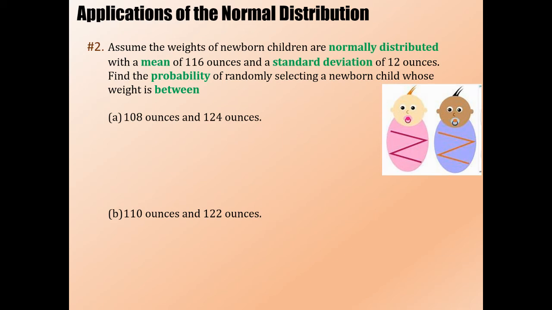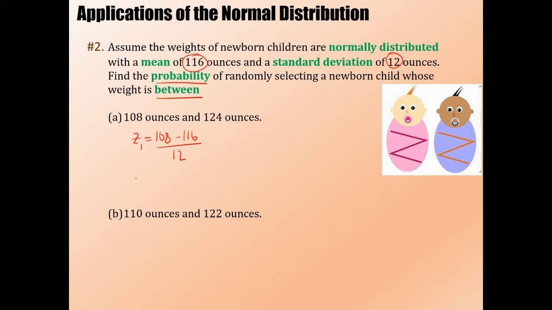Number 2, assume the weights of newborn children are normally distributed again with a mean of 116 ounces and a standard deviation of 12. Find the probability of randomly selecting a newborn child who is between these, right? So again, I'm going to go ahead and find these z-scores and then sketch and label it, right?